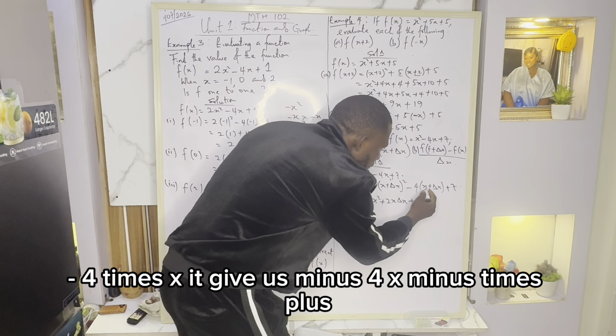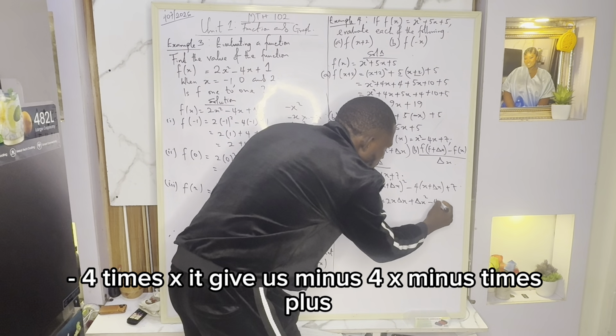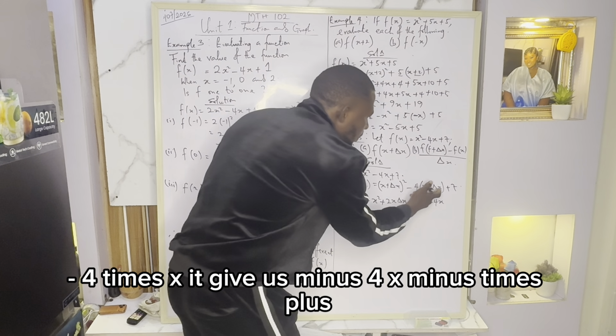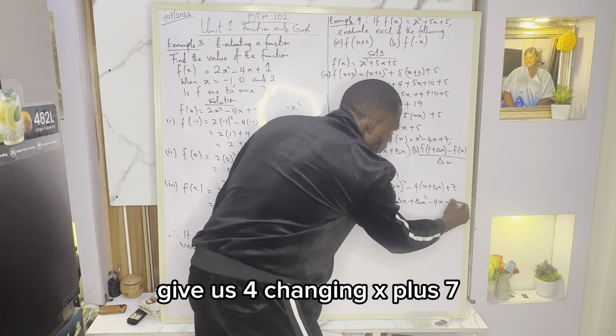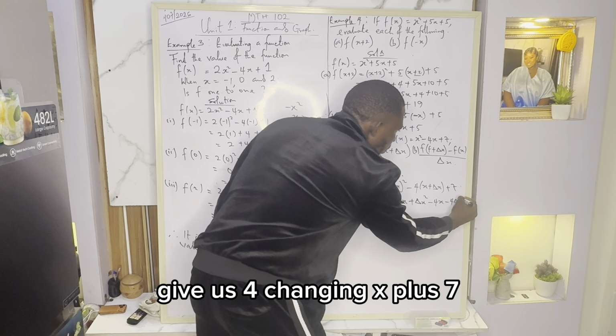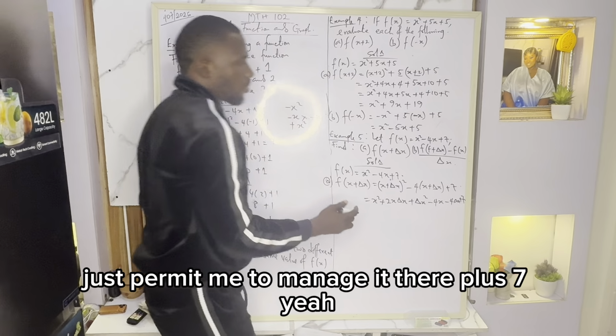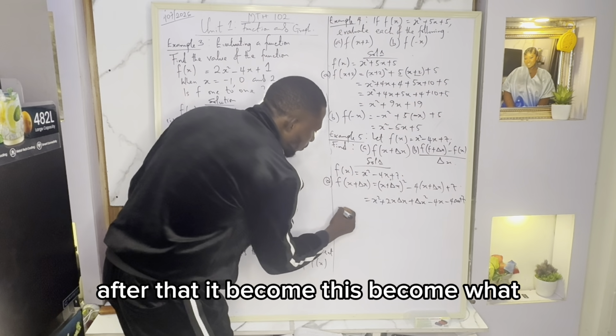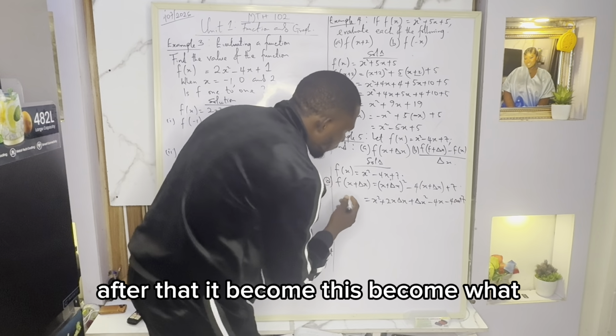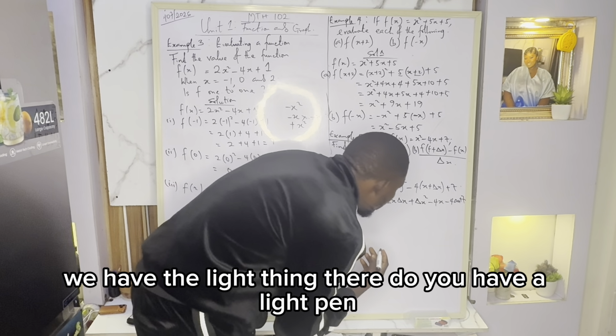Now we move to this one. Minus 4 times x gives minus 4x. Minus times plus gives minus, so 4 times change in x gives minus 4 change in x, plus 7. After that, do we have a like term there?